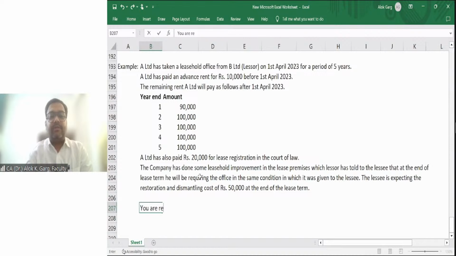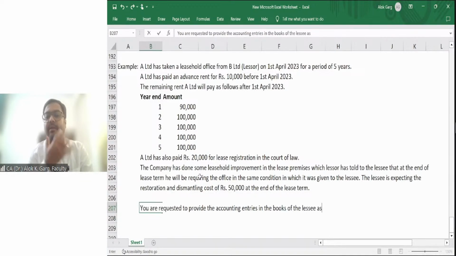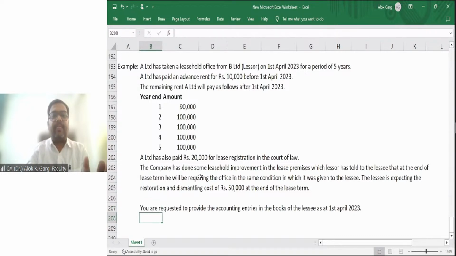You are requested to provide the accounting entries in the books of the lessee as at 1st April 2023.